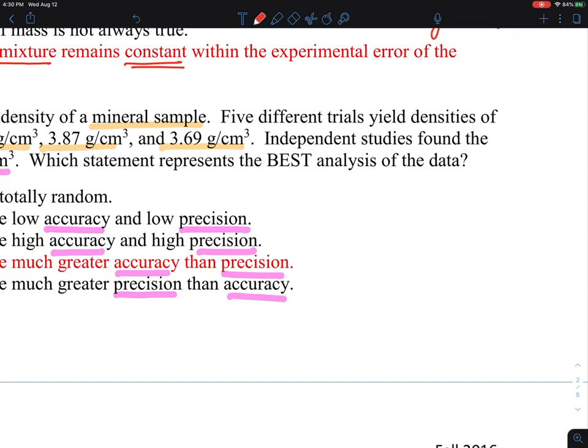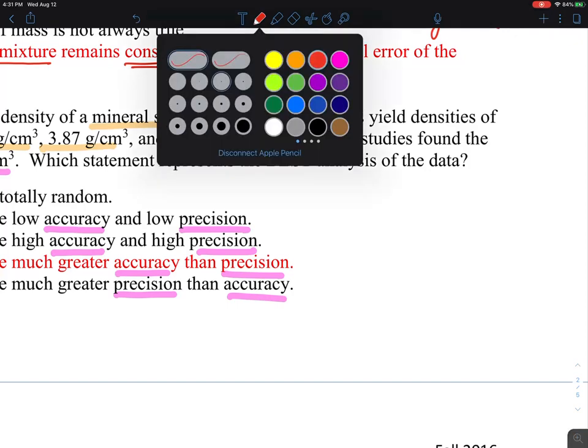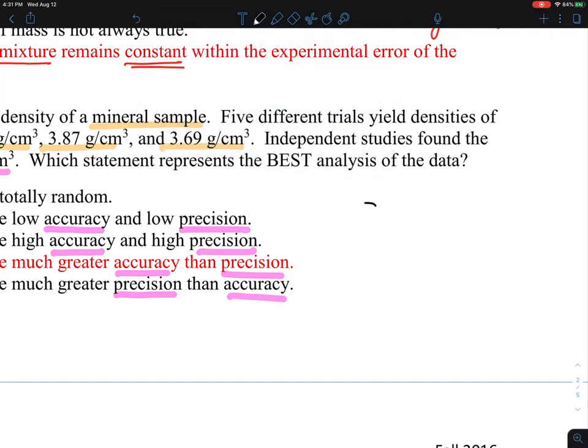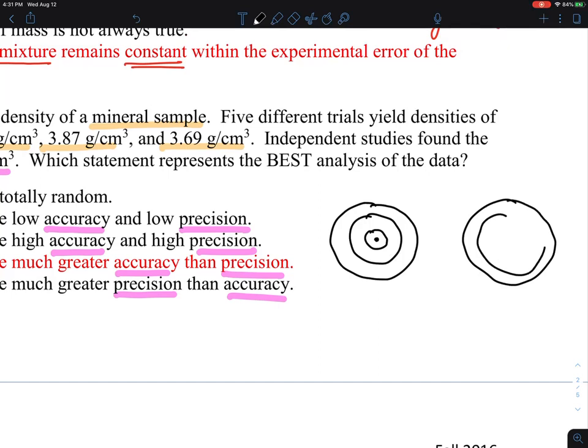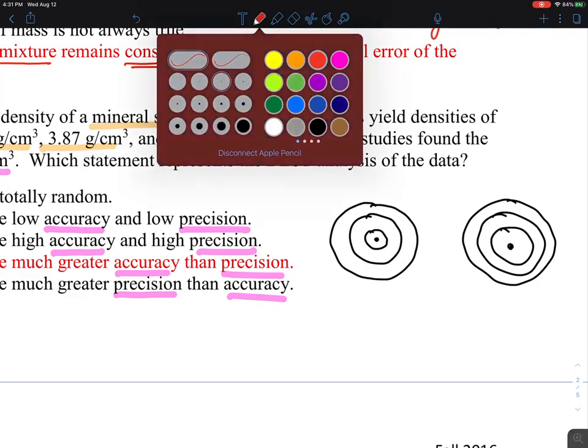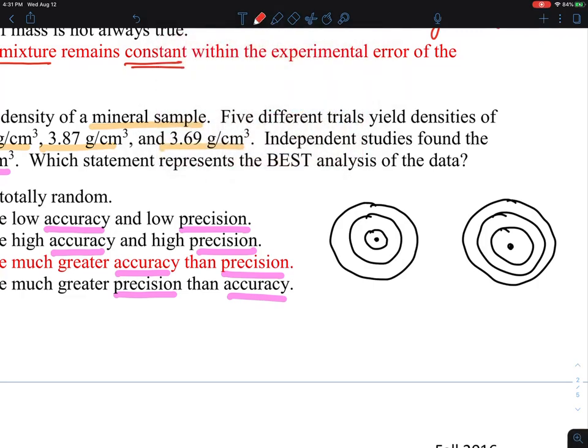If I have this measurement as a bullseye, and there are cases, let's say, where the measurements are very reproducible, right?